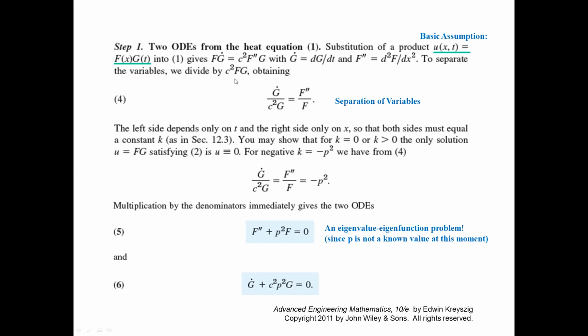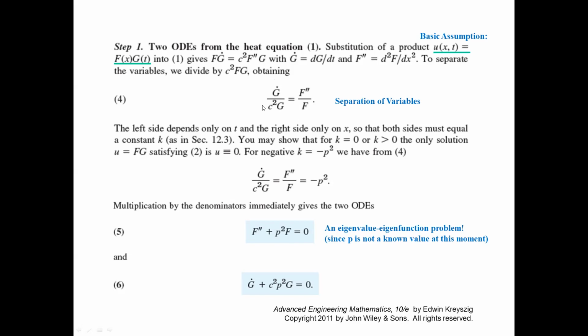And then the next step is separating the variables for this equation. Remember, this is a rule we follow. The next step, we always separate the variables, leaving all the factors involving x on one side, leaving all the factors involving t on the other side.